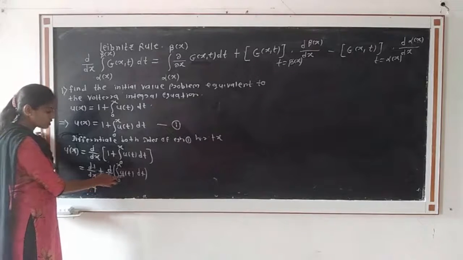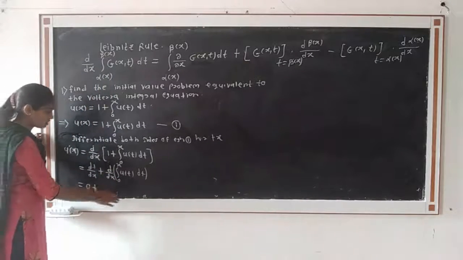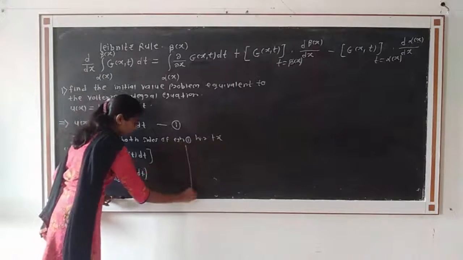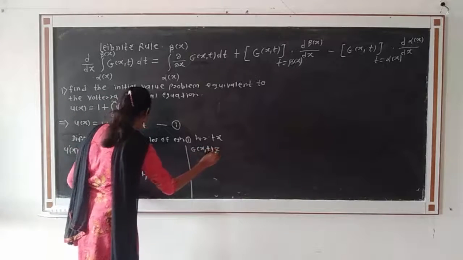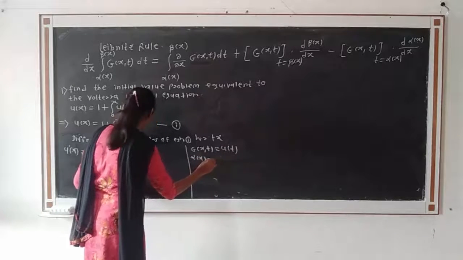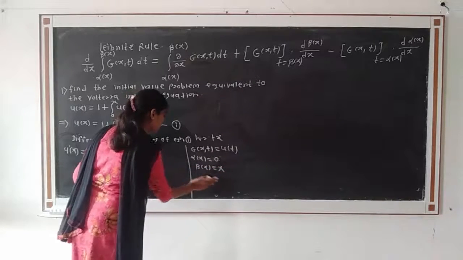Here we have to differentiate this integral by using Leibniz rule. Then here we write the function g of x,t will be equal to u of t, alpha of x is equal to 0 and beta of x is equal to x.